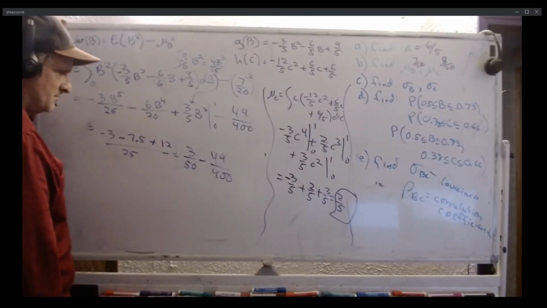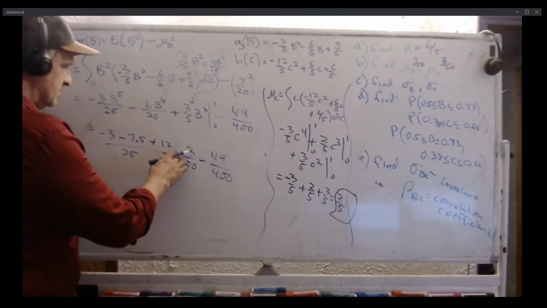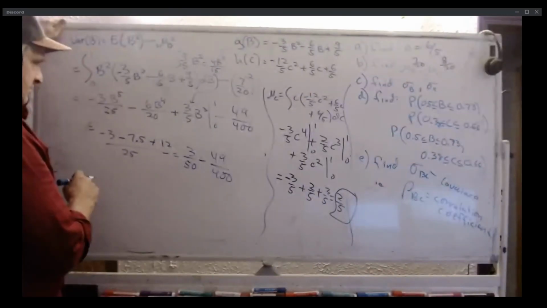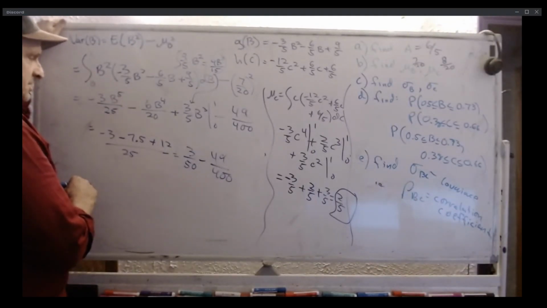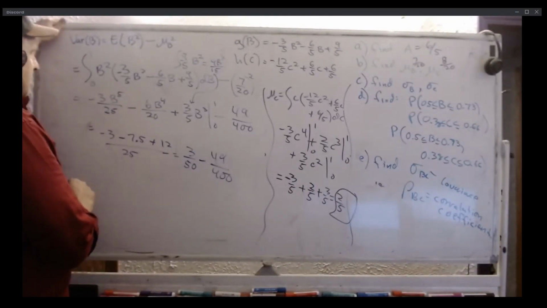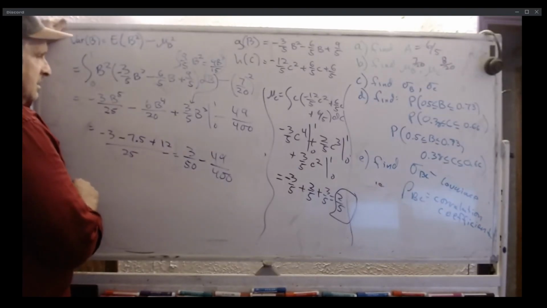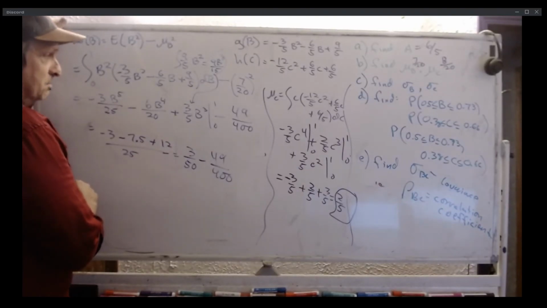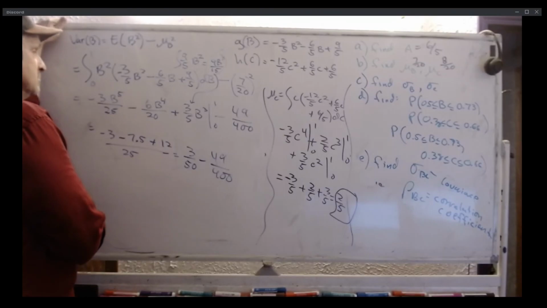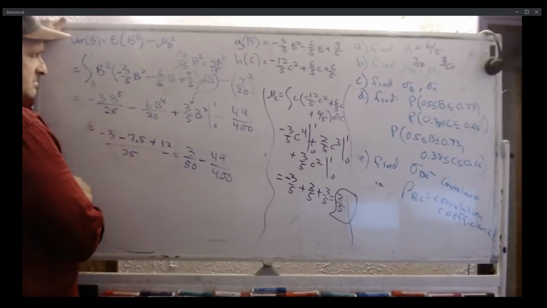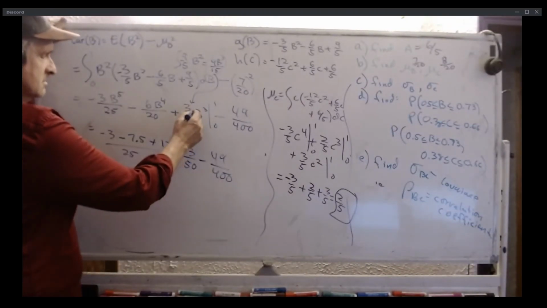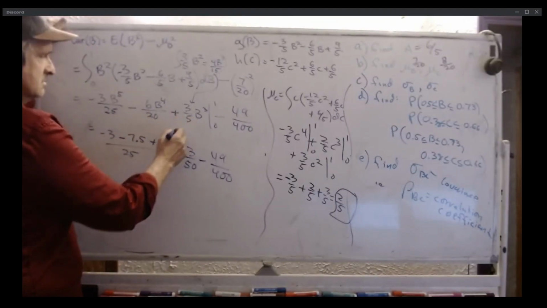I had 9 out of 50 instead of 3 out of 50. What did I screw up? I don't know. Oh, you should have plus 15, not plus 12. 3 over 5 becomes 15 out of 25, right?